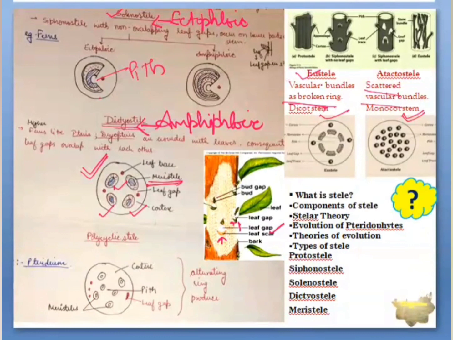The eustele and the atactostele evolved from the solenostele. A polycyclic stele is the most complex type of stele with more than two concentric rings of vascular bundles. It may be a solenostele or it may be a dictyostele.